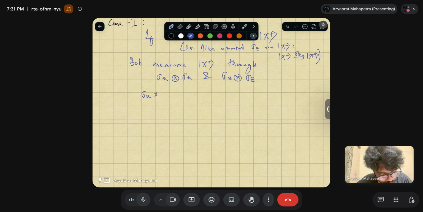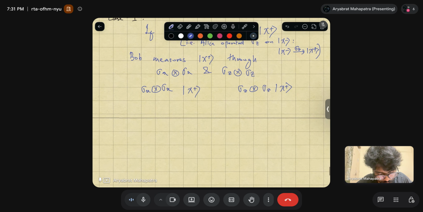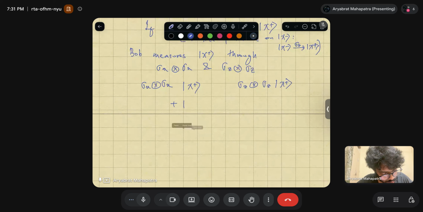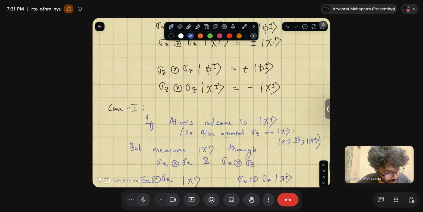As we have listed down the possibilities, sigma x cross sigma x on chi plus will give plus chi plus, and sigma z cross sigma z on chi plus will give minus chi plus.